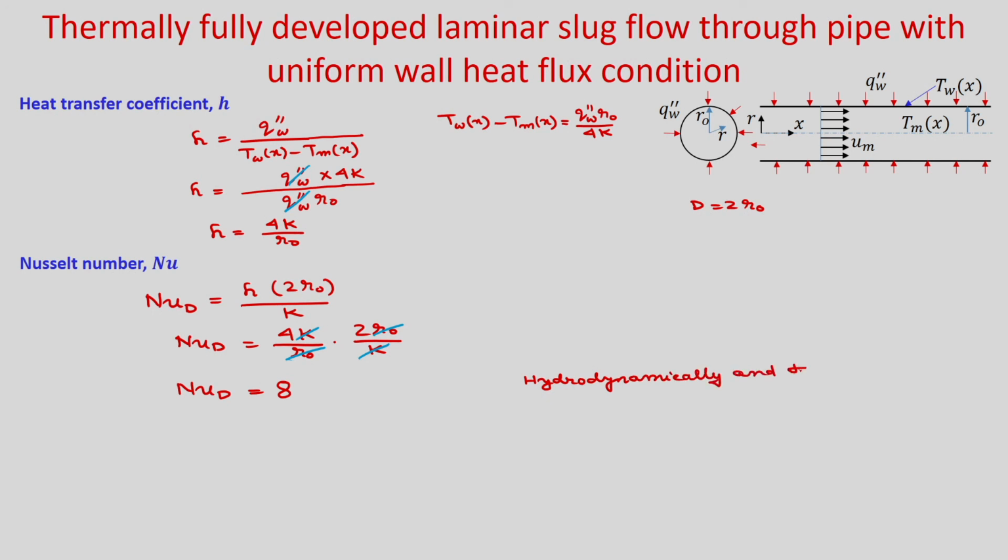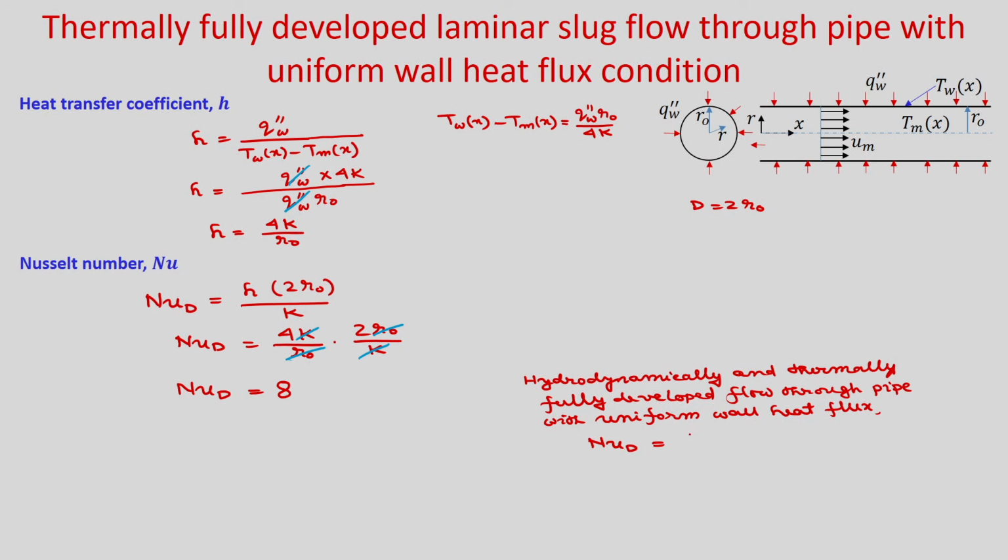We will calculate this later. So, you can calculate the Nusselt number based on diameter, and it will be 4.363. Okay. You will get the Nusselt number as 4.363.